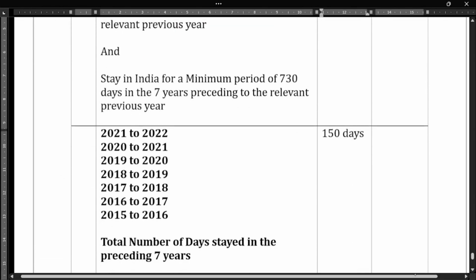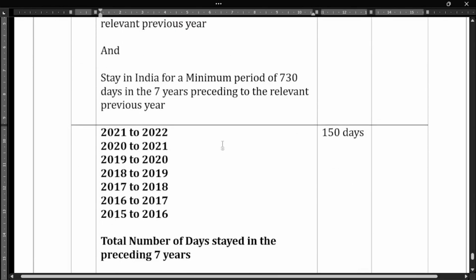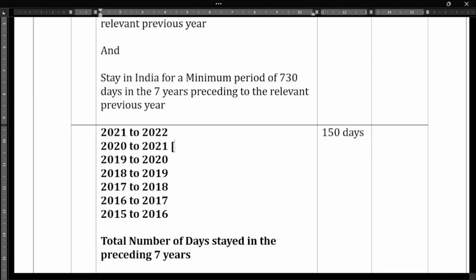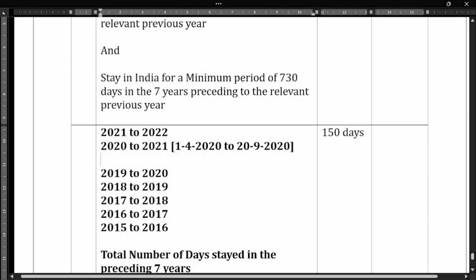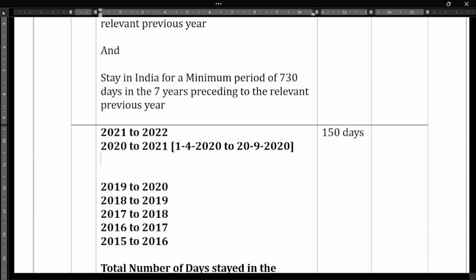So in the year 2020-21 he was there in India from 1/4/2020 to 20 September 2020. This much period he was there. Now let us try to calculate. April month full he was there, so 30 days. May month full, so 31 days.